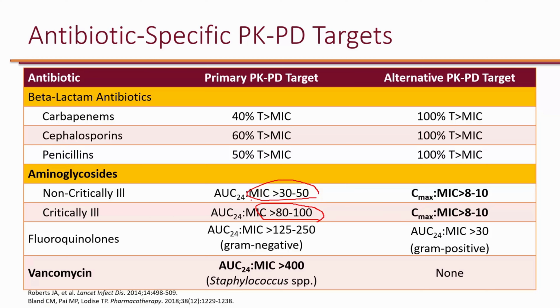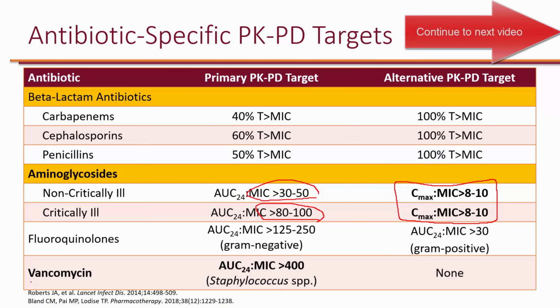However, doing AUC to MIC at bedside is not practical, so most clinicians actually do the peak to MIC because you can easily get the peak level, and once you have the MIC, you can see if it's 10 times the MIC. So for the purpose of this class, we're going to do the peak to MIC for our monitoring of aminoglycosides. And we have another day dedicated to vancomycin calculations, which we will discuss at that time.